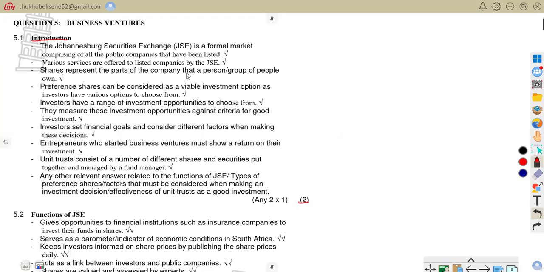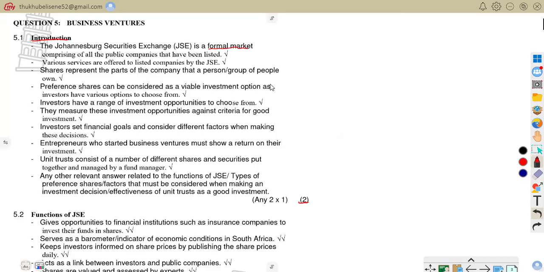You are going to choose one of these points that we are going to talk about, and that will earn you 2 marks. First, the Johannesburg Securities Exchange is a formal market comprising of all public companies that have been listed.